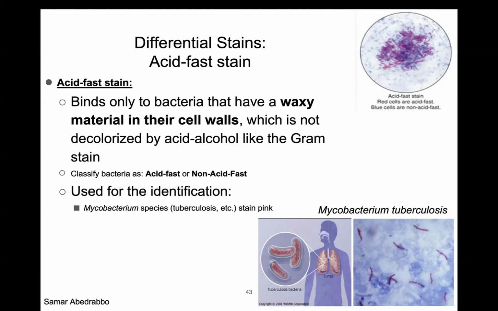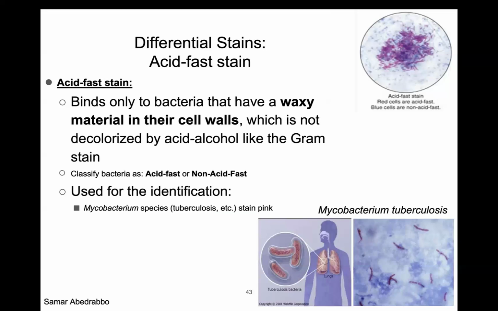These cause diseases like tuberculosis, which is a really bad lung infection. They're acid fast because they have a high waxy lipid content in their cell walls, which we call mycolic acid. So in this technique, you use the primary stain and you do all the staining steps that we'll talk about.